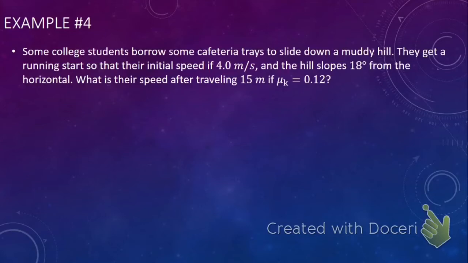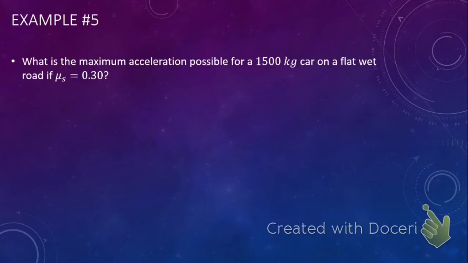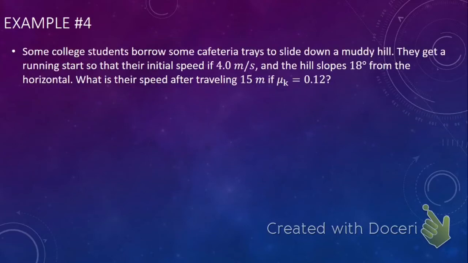We're going to start by sketching the problem. We have our incline at some particular angle. We have our object on that incline. All of our forces act from that center point.